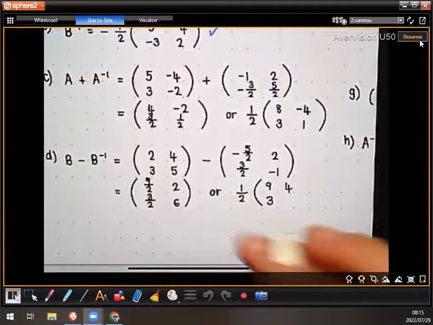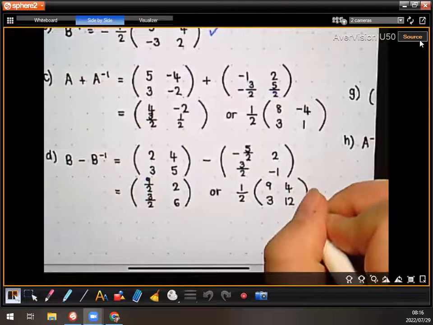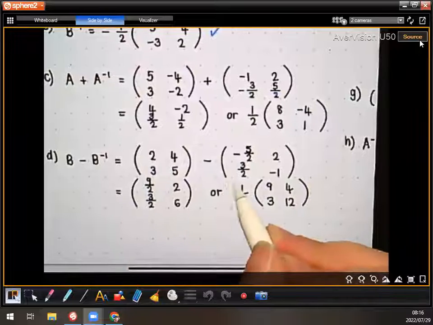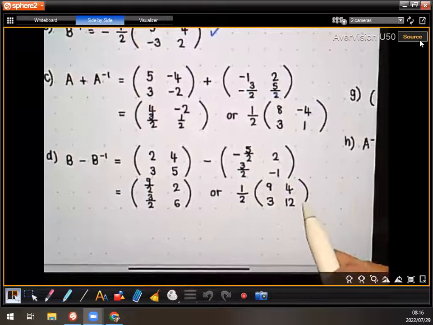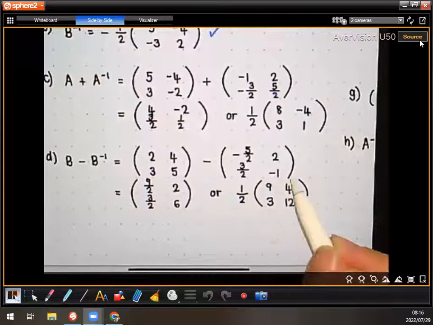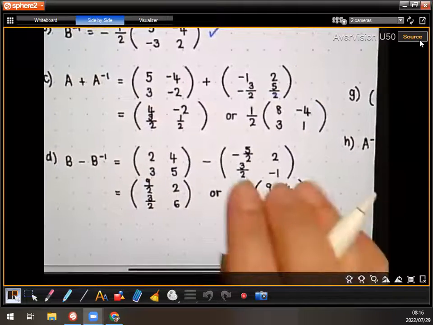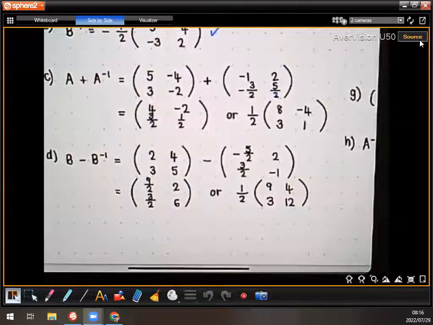And 6 divided by a half gives you 12. If you're struggling with the division idea, check by going backwards: half times 9 is 9 over 2, half times 4 is 2. But guys, if the instruction doesn't say anything like that, you're more than welcome to leave it like that. You'll get full marks.